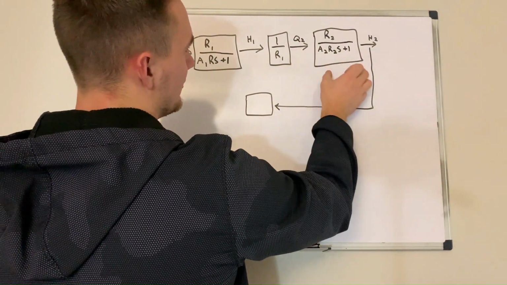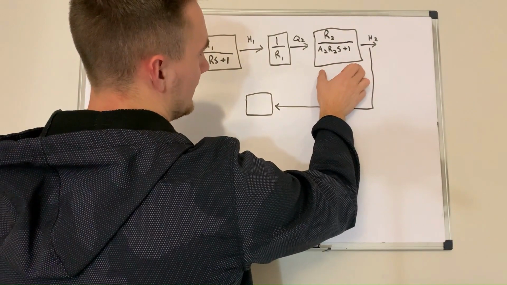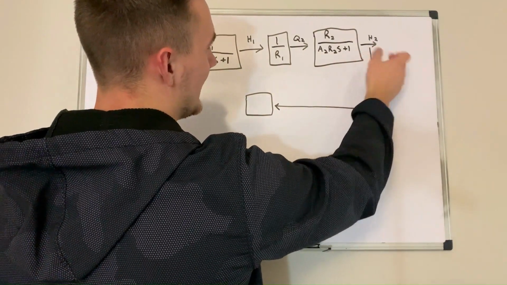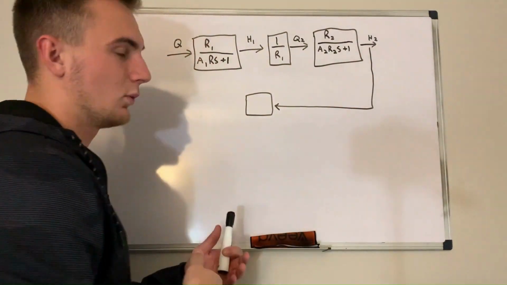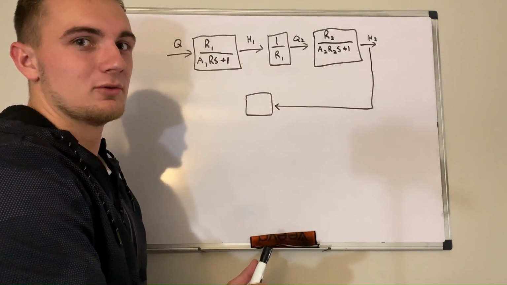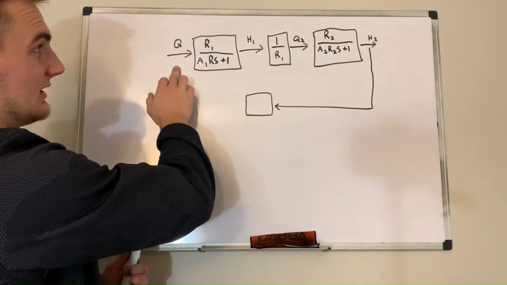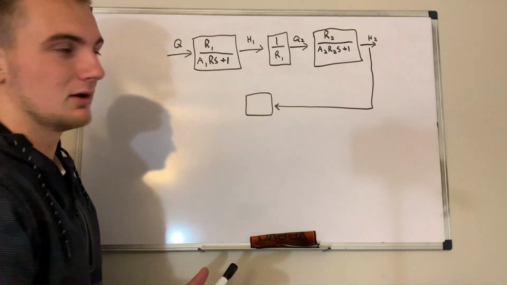Then this goes into a third transfer function that outputs the height of the second tank. So we have one tank flowing into another tank, and the first tank is being filled by Q.